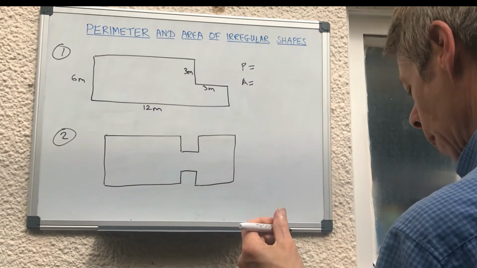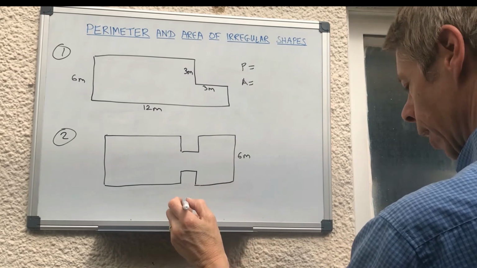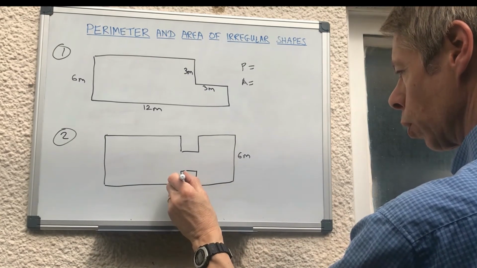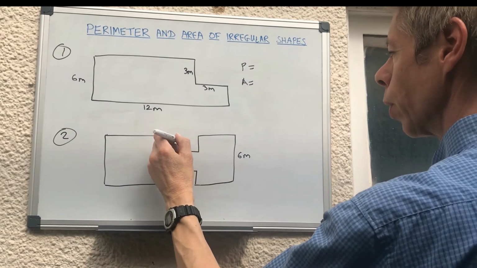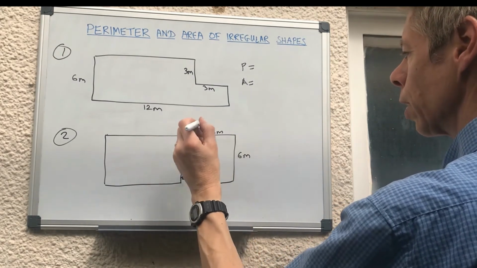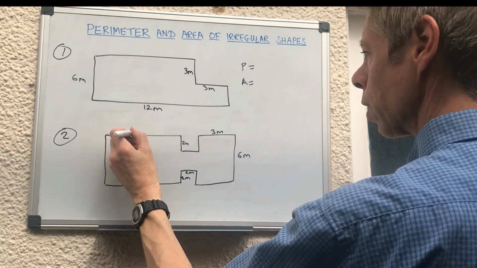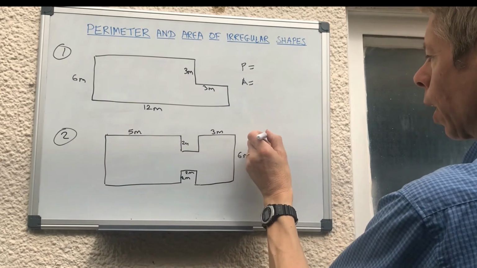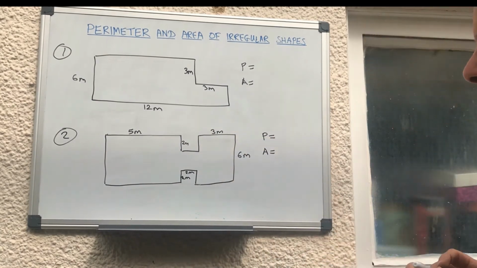So what we know is that is 6 meters. We know that's 2 meters. We know that's 2 meters. We know that's 2 meters. We know that's 3 meters. And we know that's 5 meters. Okay, so perimeter and area needed for that shape.